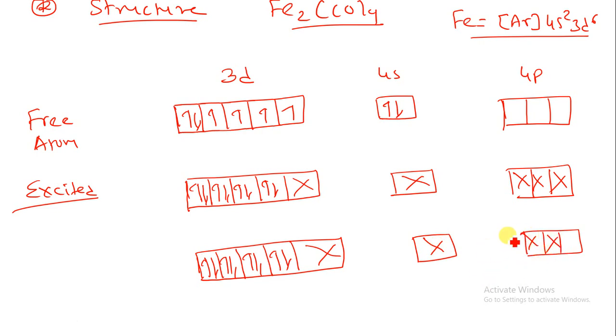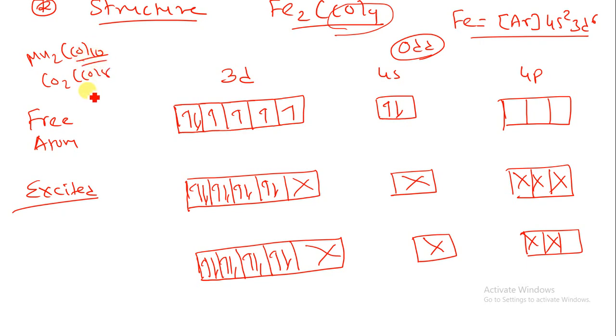So there is no exact multiplication. Why? Because the number of ligands is odd. In the earlier cases, Mn2(CO)10 as well as Co2(CO)8, we had an even number of ligands, 8 and 10 both being even, but 9 is an odd number.